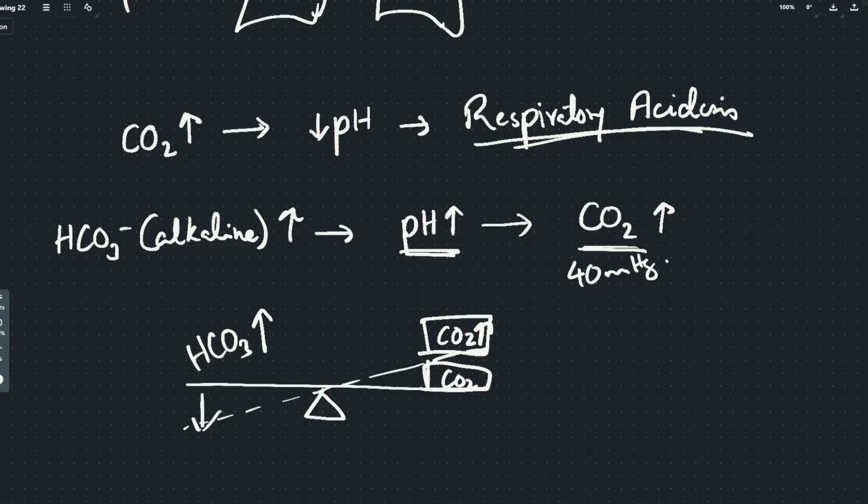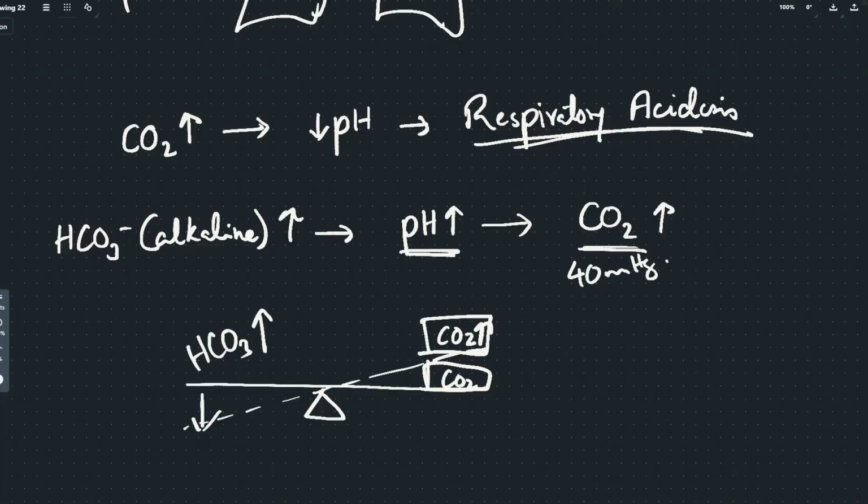And how will the body do it? It is as simple as that. There will be hyperventilation or hypoventilation. Obviously hypoventilation. We will exhale out less CO2. There will be decreased exhalation of CO2. CO2 has to be retained in our body.